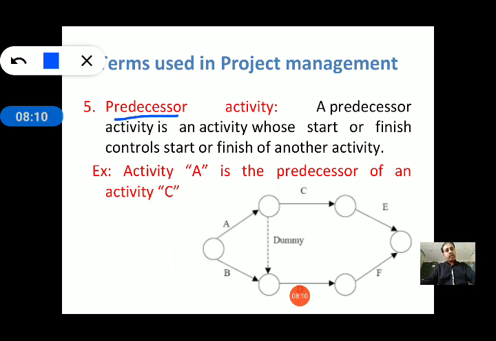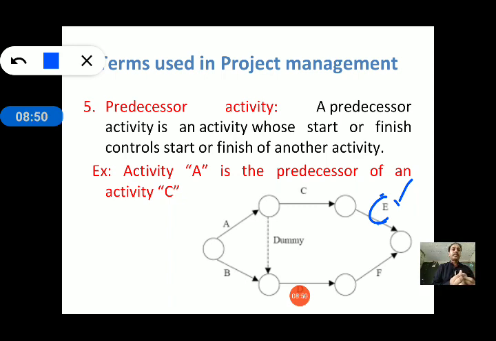Consider activity C. Activity A is the predecessor activity of activity C. Consider activity E. In our case, activity C is the predecessor activity for activity E.